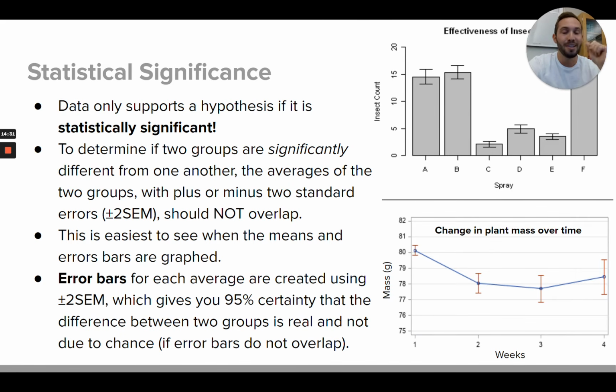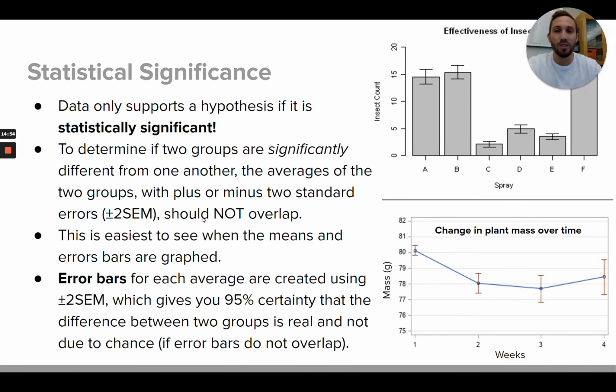No other scientist is going to care if you personally feel like your data is strong enough. We have to use statistics on that data to show that it's statistically significant. Then people will care. Then it's actually something you can claim that's supporting what you're saying.